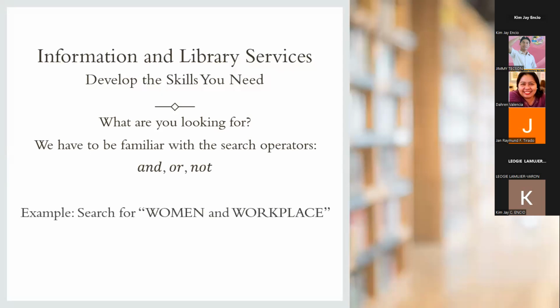For example, we search for women and workplace. It's a bit too broad, because when I say women, there is no problem, but when it comes to workplace, nowadays it could refer to an office work, a field work, but not at home.